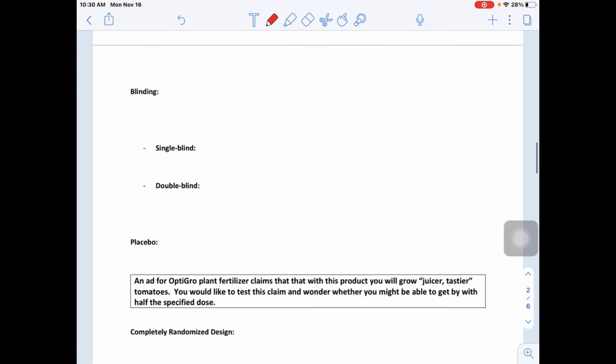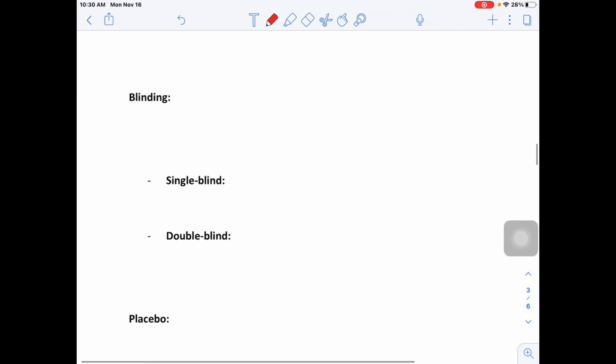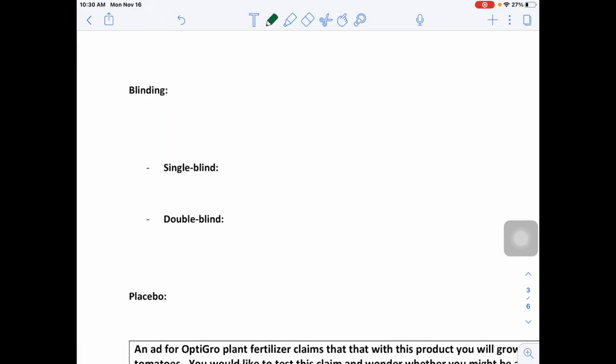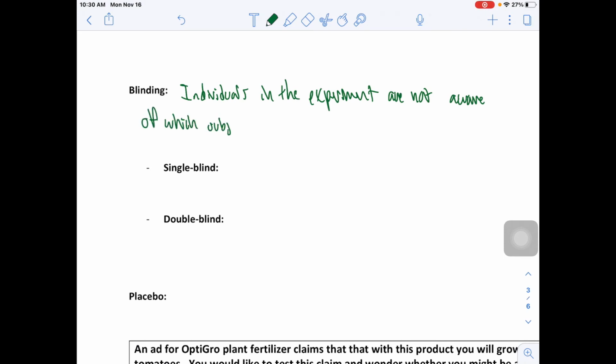All right, and then just a couple other terms here. Blinding, maybe you've seen this in other courses as well. Blinding is when individuals in the experiment are not aware of which subjects got which treatments.